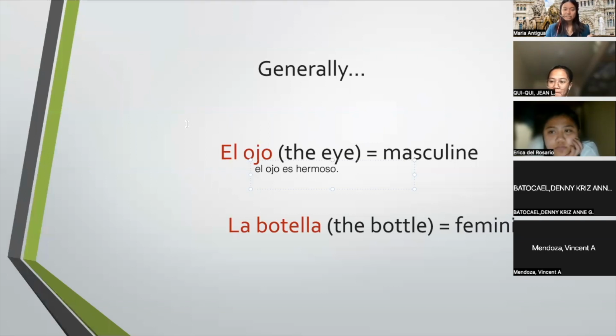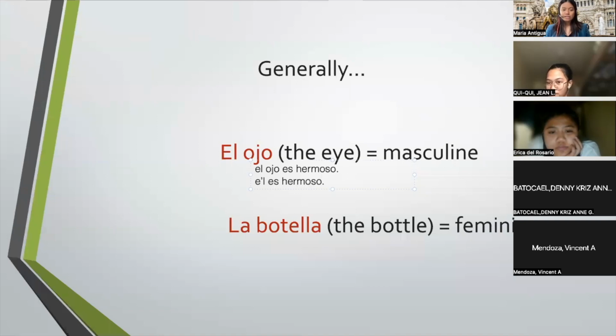But walang gender, no? Walang it sa Spanish. But el is masculine. So what is the masculine pronoun? Any guess? Él es hermoso.